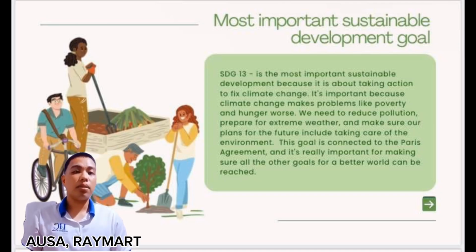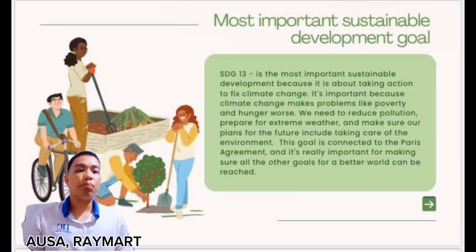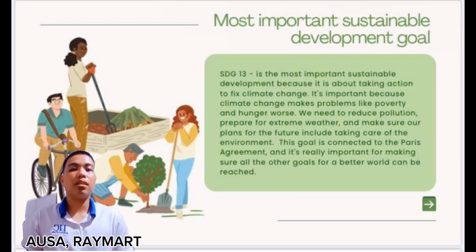It's important because climate change makes problems like poverty and hunger worse. We need to reduce pollution, prepare for extreme weather, and make sure our plans for the future include taking care of the environment. This goal is connected to the Paris Agreement, and it's really important to make sure all the other goals for a better world can be reached.